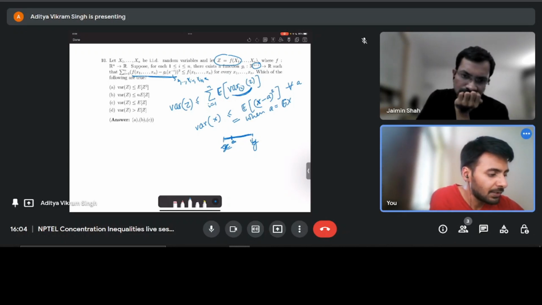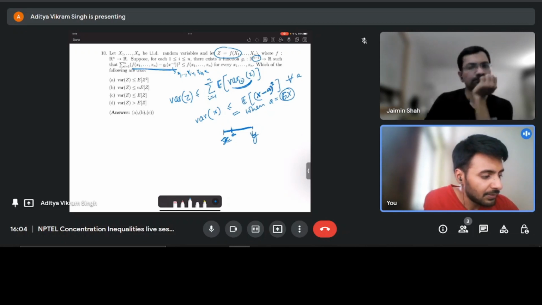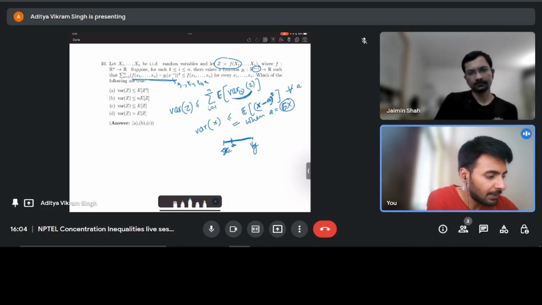So variance is the optimal mean squared error, and that optimality is reached when a is equal to the expectation of X. Okay, so this was for the usual one-variable random variable.